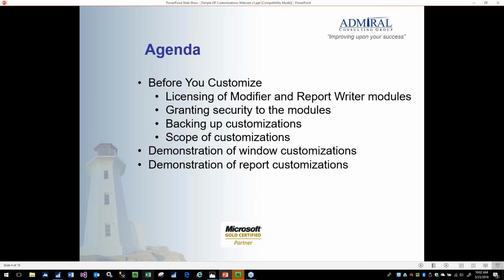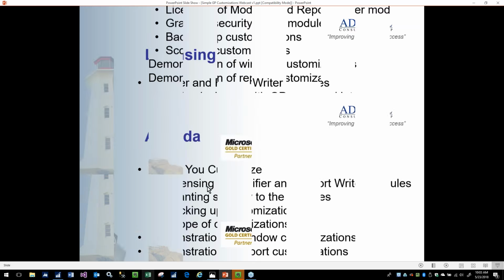Some of you may be very comfortable making these types of customizations, and some of you will be very uncomfortable with it. But regardless of your comfort level, after today's presentation, you'll at least know exactly what can be done with the tools. First, I want to jump into licensing.